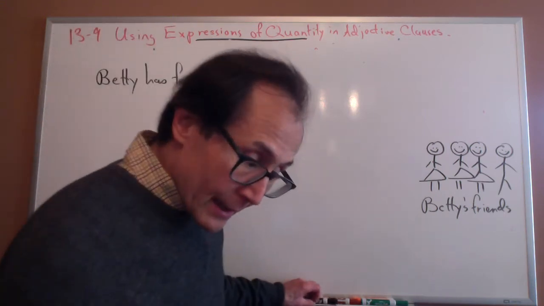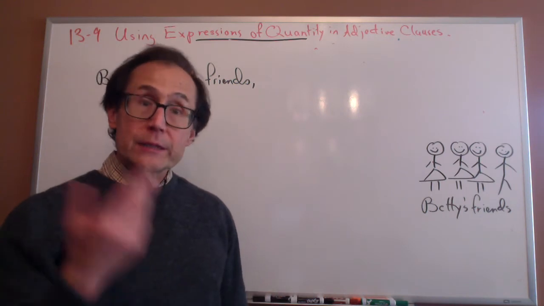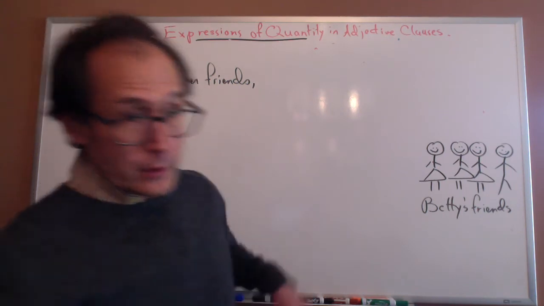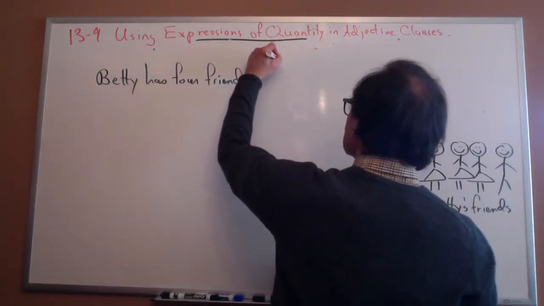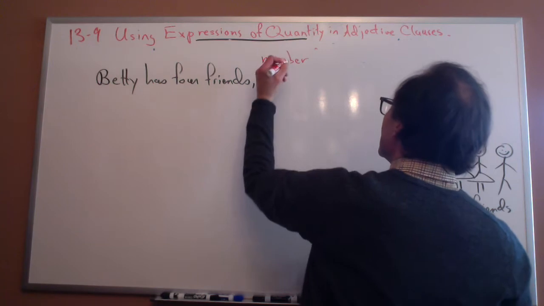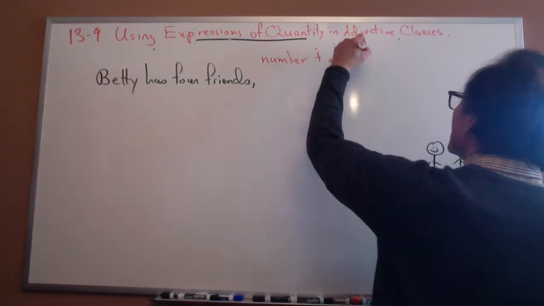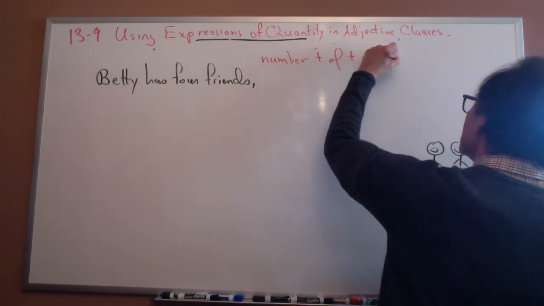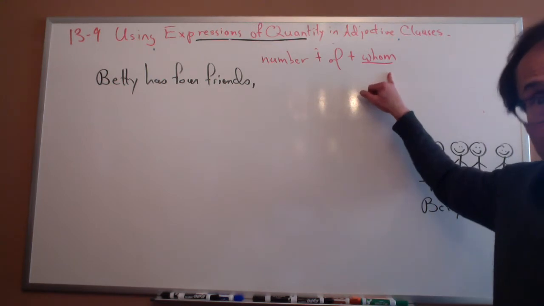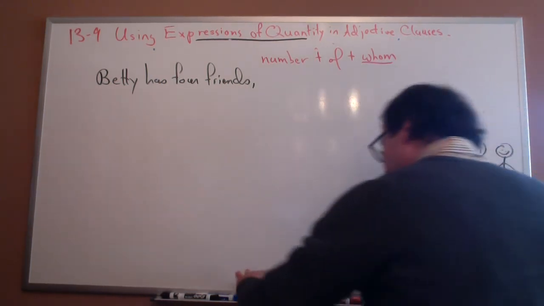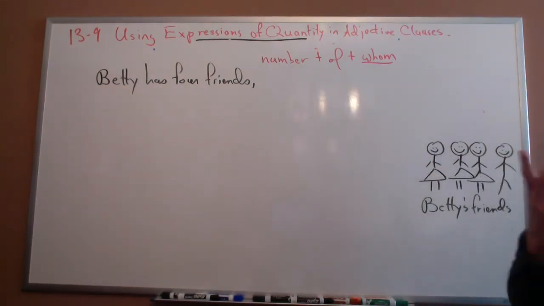The way that I'll say that is very much the same as I do with which, but because it's a person, I'm going to use a different word. So I could say, Betty has 4 friends, and again I'll do it very much the same way. I'll say number plus of plus whom. Because it's people, I'm going to use whom. So now that you know that, let's figure out what I'd say.